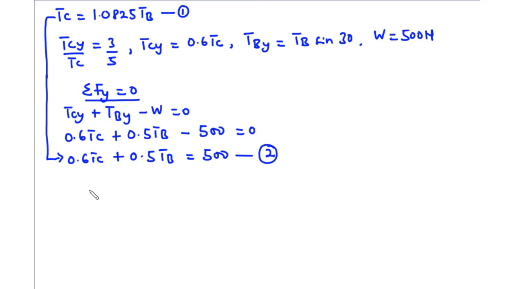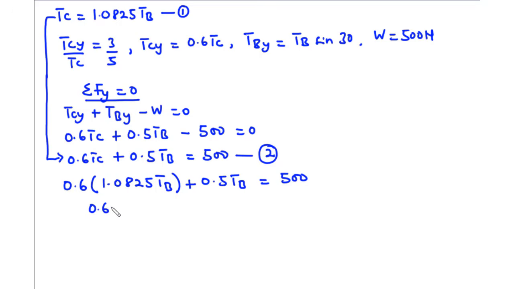So let's do that. This becomes 0.6 times TC, which is 1.0825 TB, plus 0.5 TB equals 500. So 0.6 times 1.0825 gives 0.6495 times TB plus 0.5 TB equals 500.